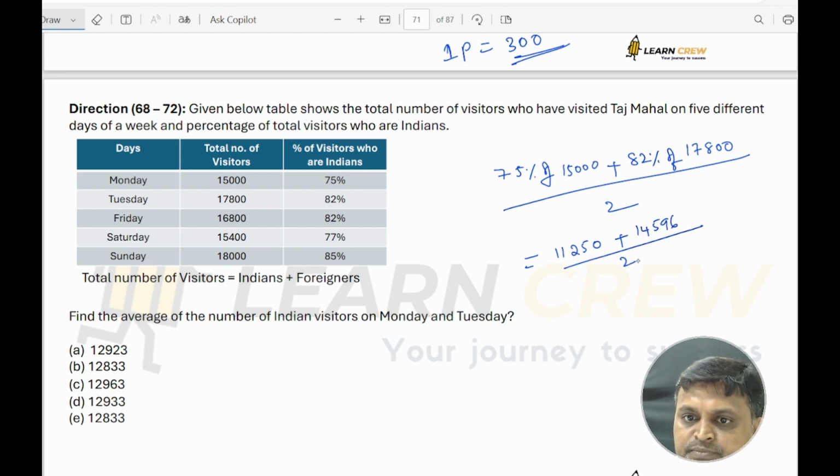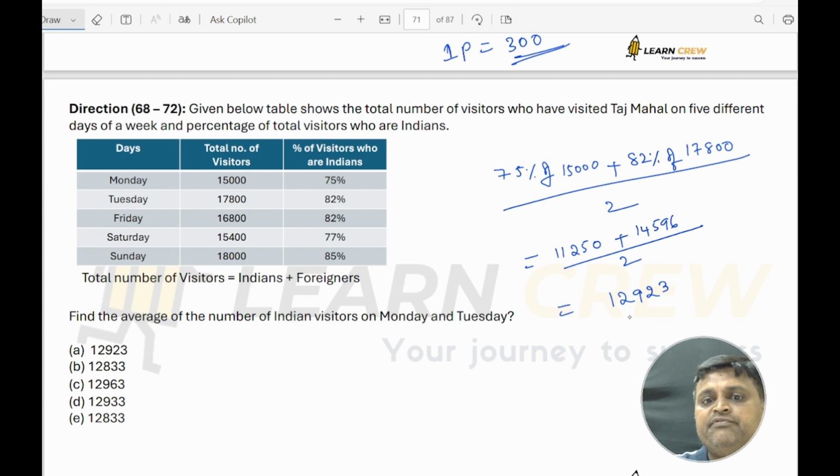Divided by 2. So 11,250 plus 14,596 by 2. The answer is 12,923.